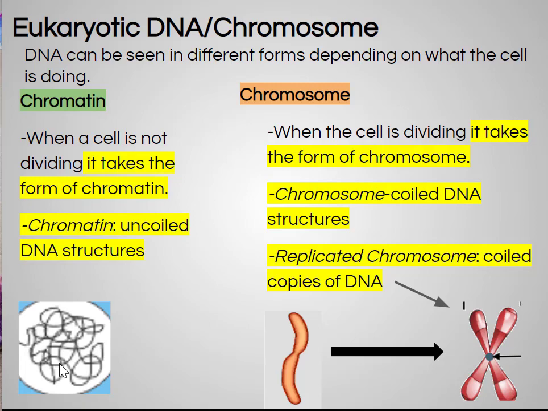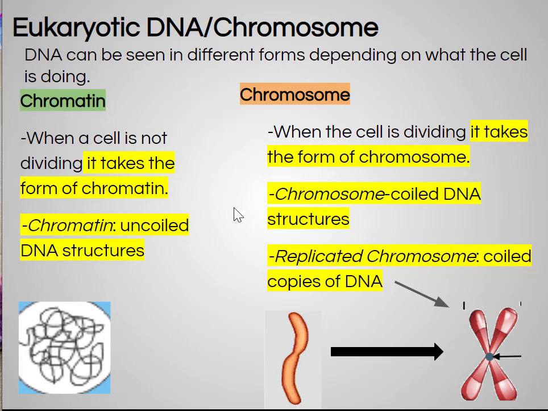Now, when a cell starts to get ready to divide, it's very hard if our DNA was in this chromatin form. Think about if I had just like a bunch of string in my hand. It would be hard for me to copy it. So what our cell does is that it starts to take the form of a chromosome. So what's happening in that stage, we get this little orange guy here.